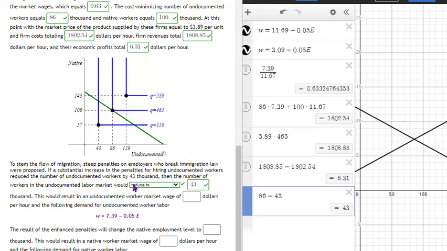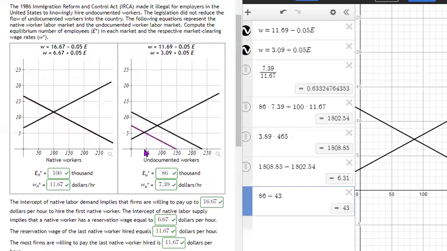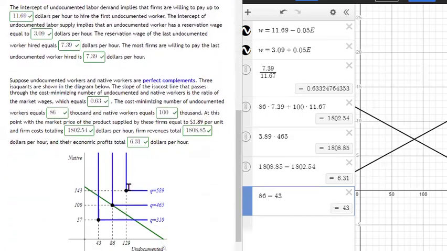So firms are reducing their hiring of undocumented workers by 43,000. We come up here and we see labor demand fall from the black curve to the purple curve.